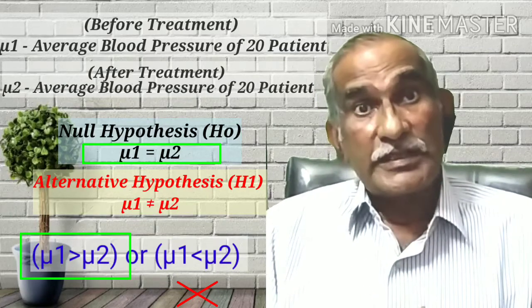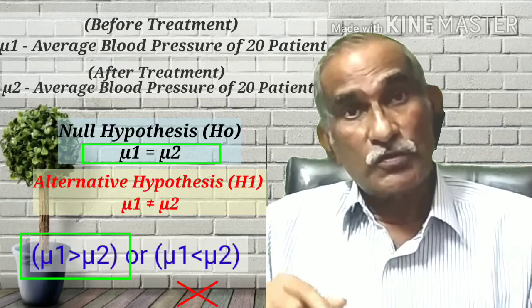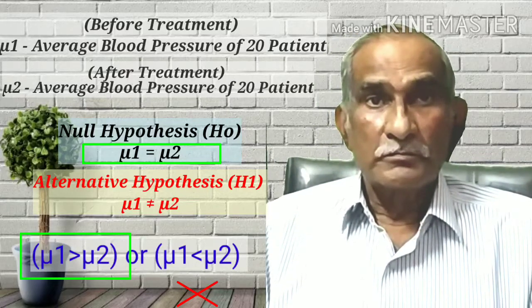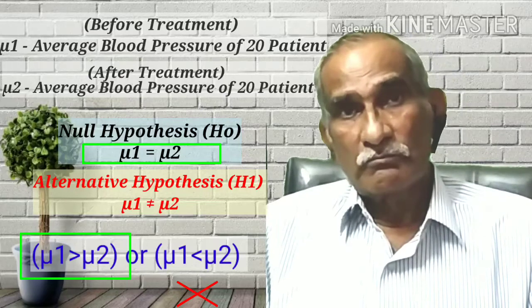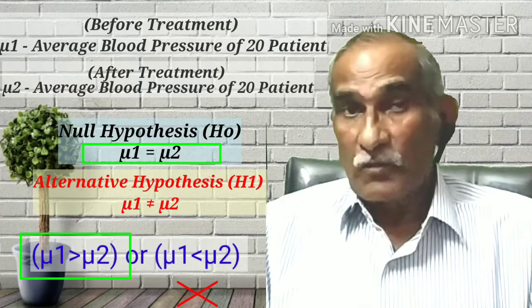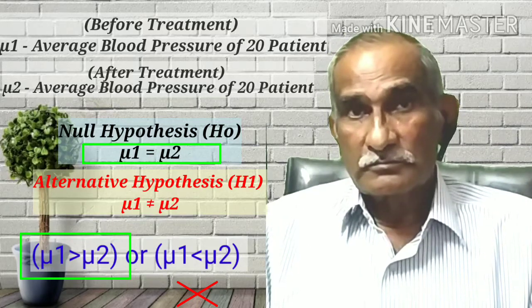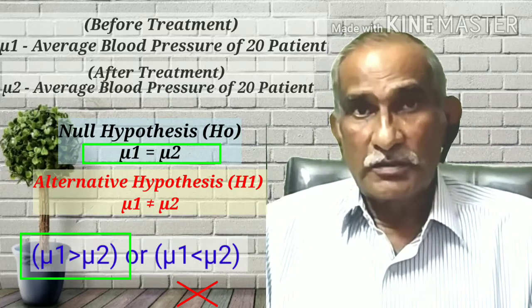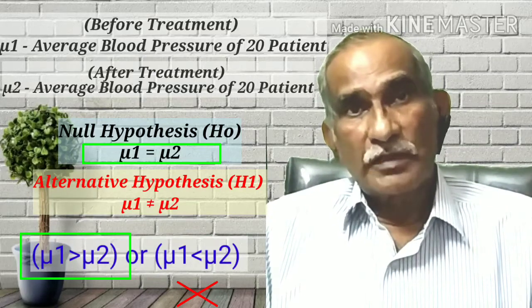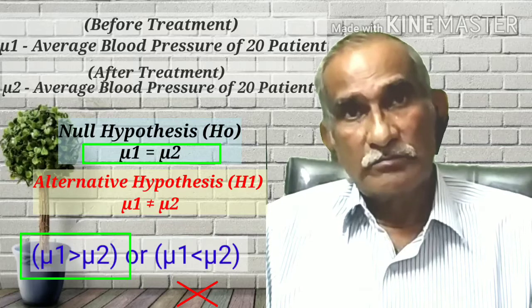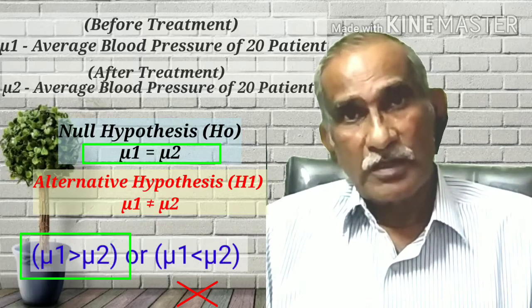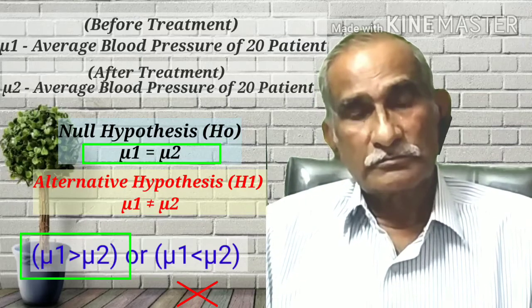But if the null hypothesis, mu1 equal to mu2, is rejected, obviously what is accepted? mu1 greater than mu2. Average blood pressure before treatment is greater than average blood pressure after treatment.